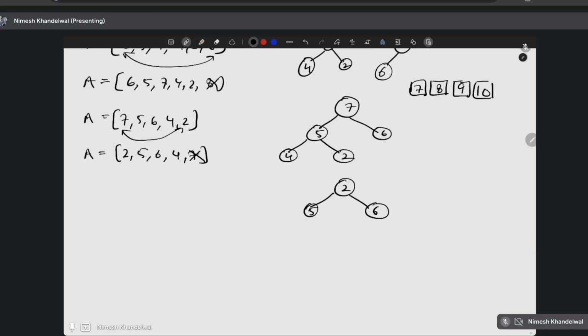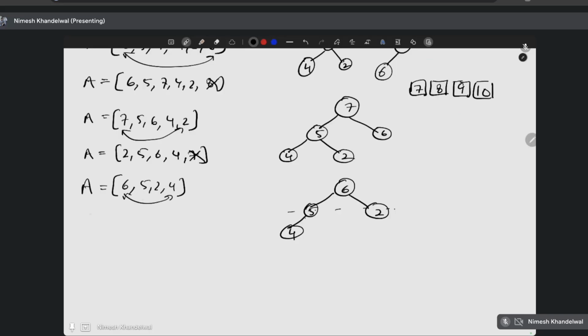Right, so the resulting tree is 2, 5, 6, 4. So this level is balanced, 2 replaced with 6. Now it is fine. Now it is max heapified. So 6, 5, 2, 4.